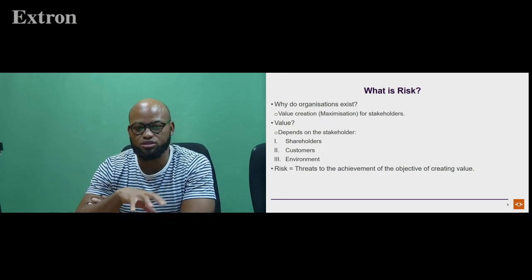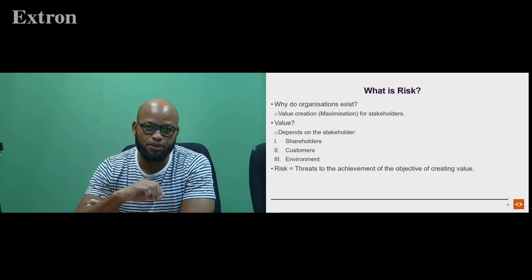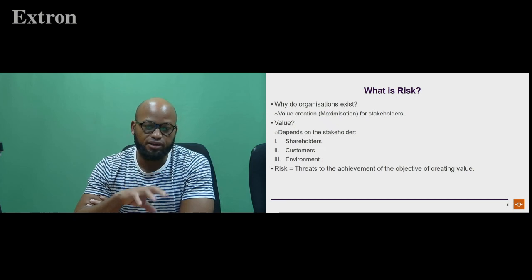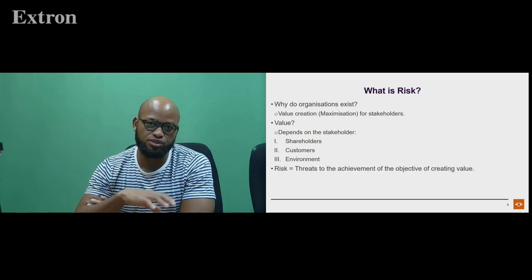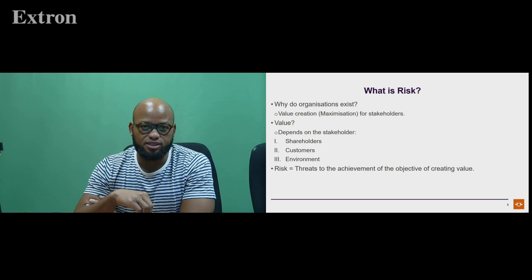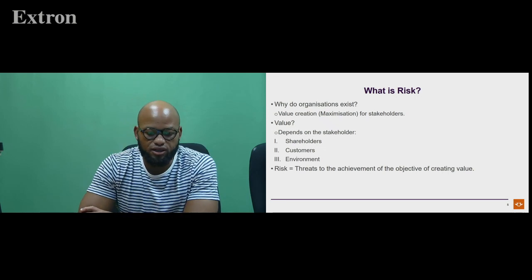We manage risks for all types of organizations, including those that are not for-profit. Whether you're dealing with a profit-making institution or an institution like a charity organization, it will exist for a specific purpose, and fundamentally the reason why these organizations exist is to create value for their stakeholders.